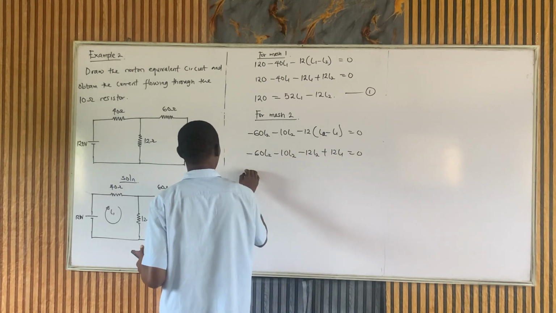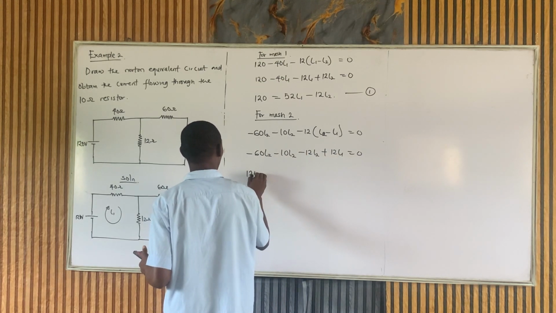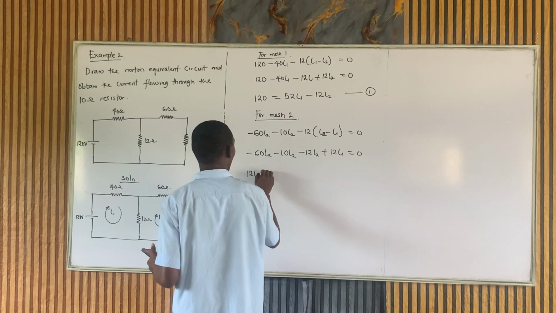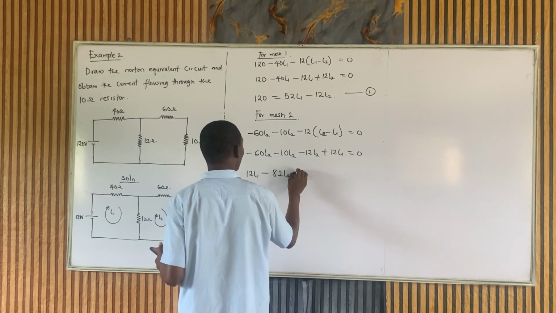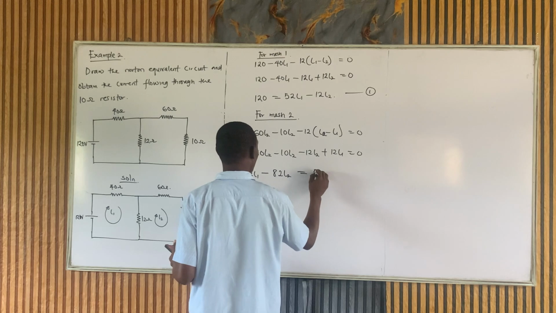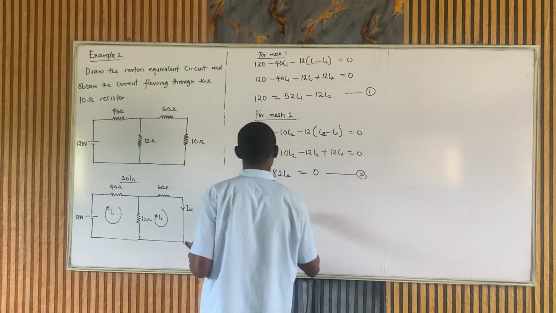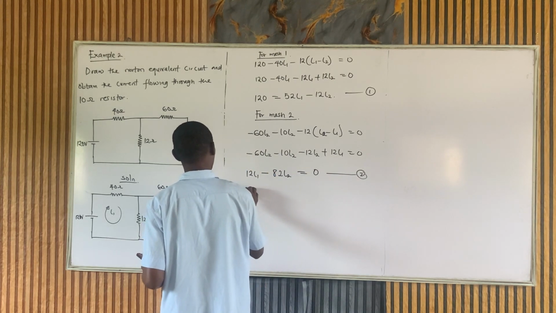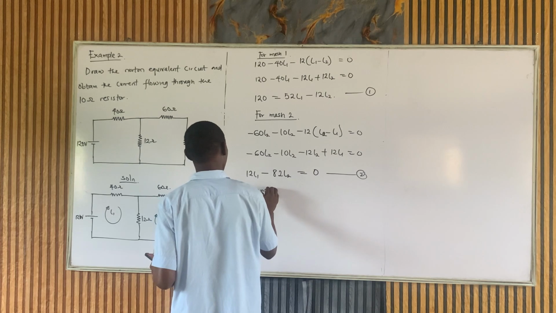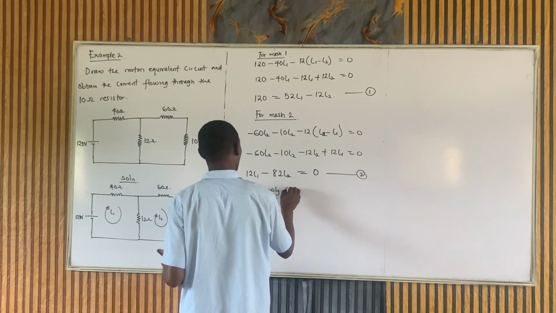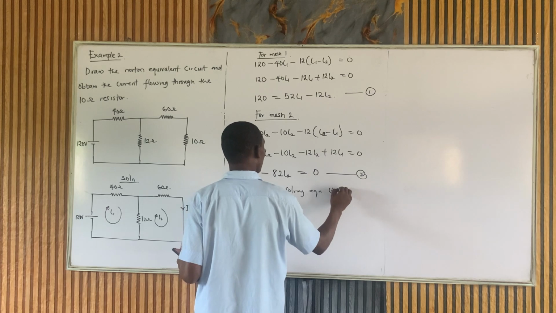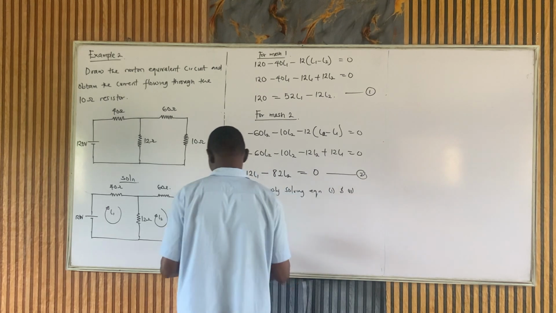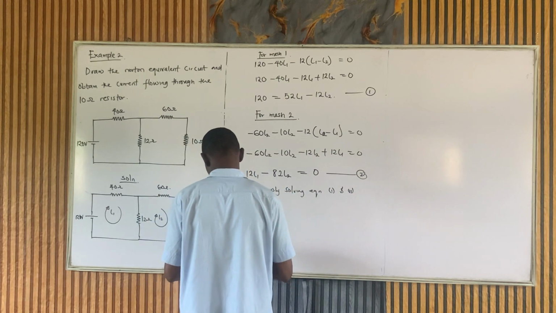So this will be 12 I1 minus 82 I2 equals 0. This is my equation 2. So simultaneously solving equation 1 and 2, let's solve that now.